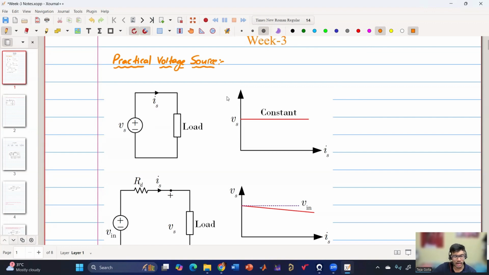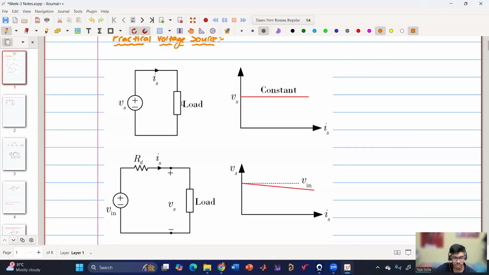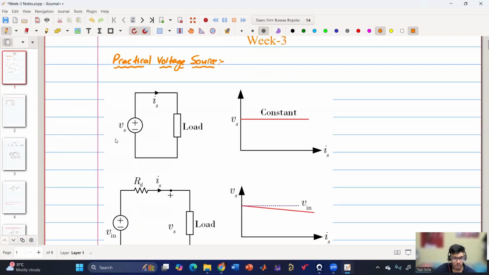So why is the practical voltage source important, and how is it different from an ideal voltage source? First, let us discuss the ideal voltage source. Here we have an ideal voltage source connected to some load. If we draw the voltage versus current characteristics, no matter how much current we draw from the source, the voltage will remain constant.